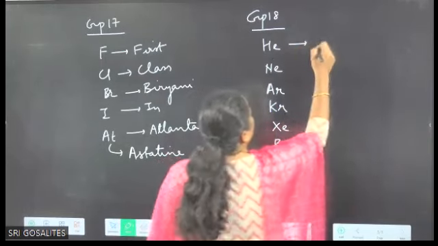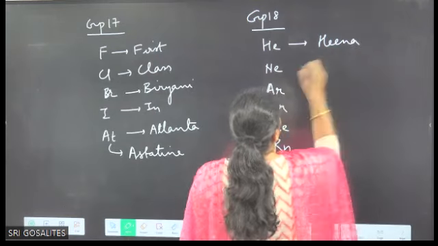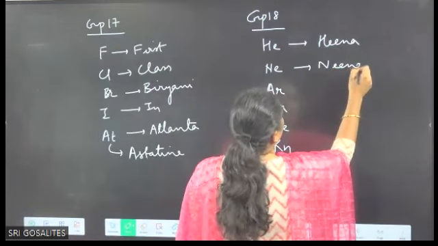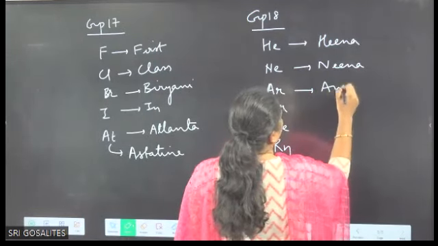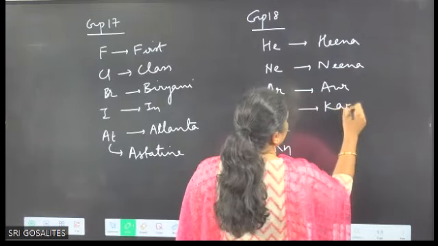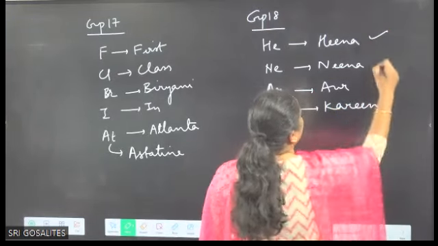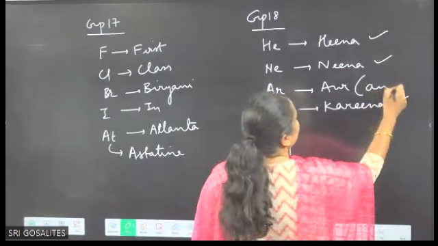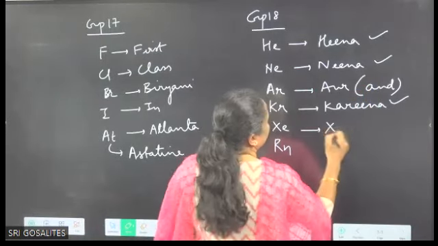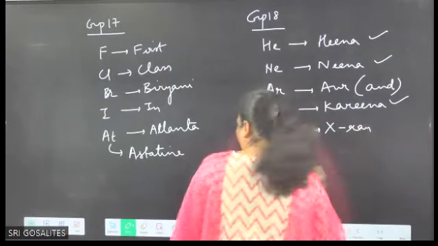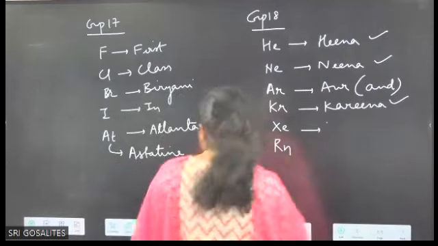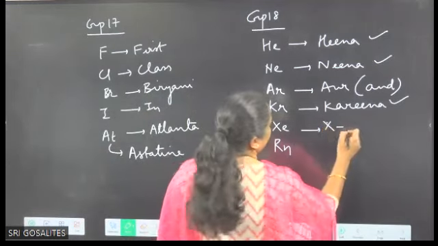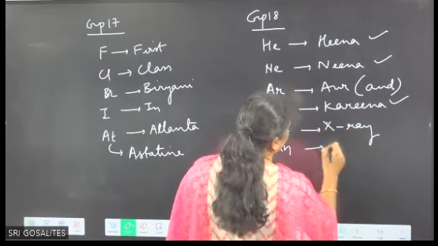Right. So this is Hina, this is Nina or Karina. These three are friends actually. Hina, Nina, and Karina, or in English, He, Ne, Ar, Kr, Xe, Rn. X-ray, or else you can remember Xerox. Or else you remember X-ray, not a problem.